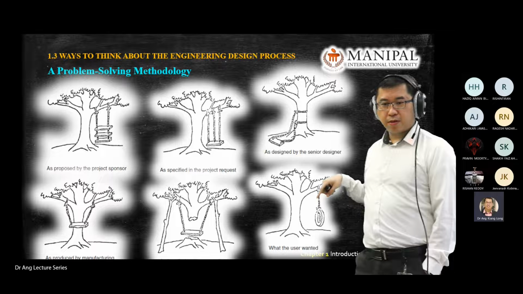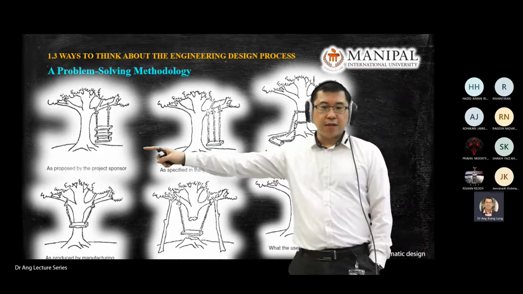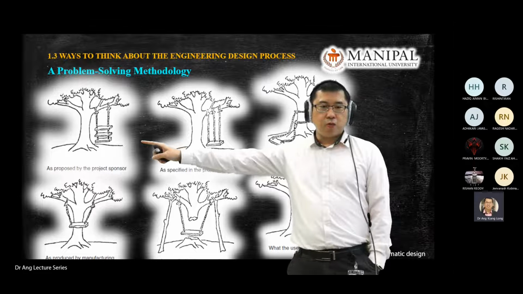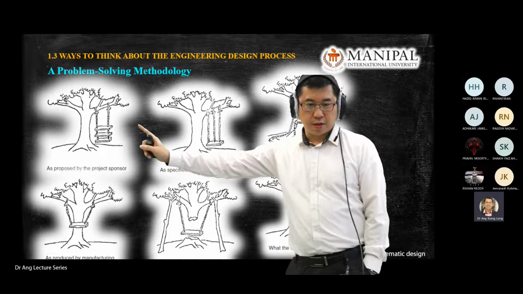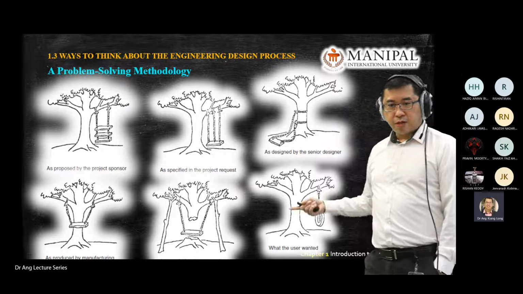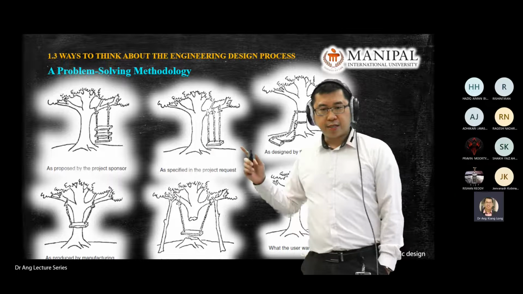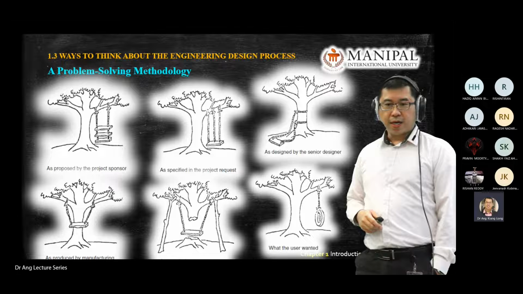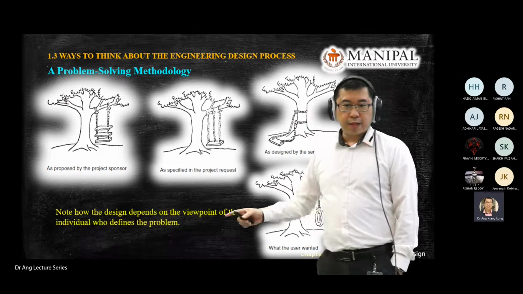This is what the children want, and this is what the original sponsor wanted, to give fun to the children. So this is the original suggestion, but this is what the children want. So you need some balance between all these. Okay, so this is just an illustration of a scenario during your planning process.